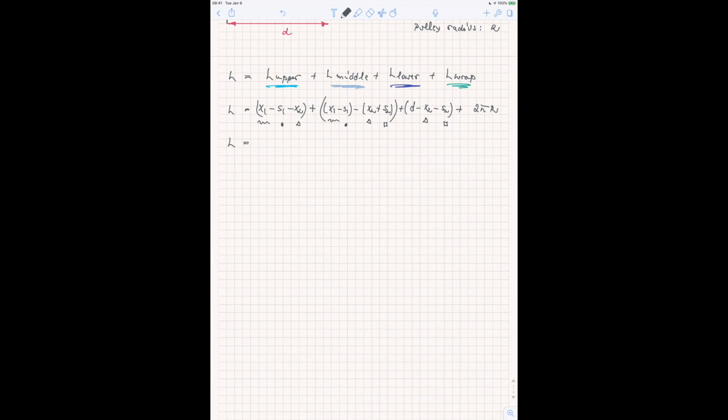So let's write this all together. We have therefore 2x1, and x2 appears 1, 2, 3 times, so minus 3x2. And then we have s1: 1, 2, minus 2s1. We have s2: 1, 2, minus 2s2, and then we have plus 2 pi r plus d.